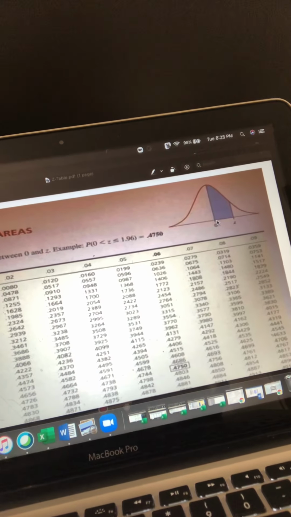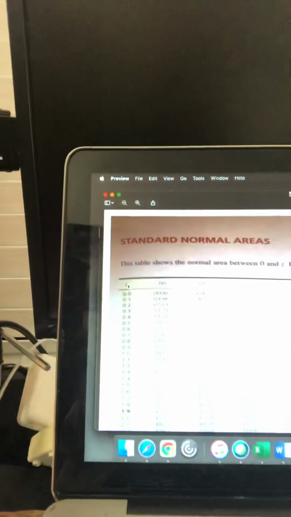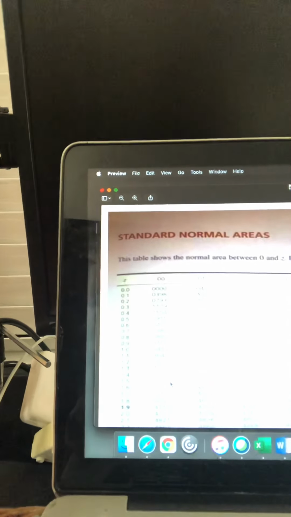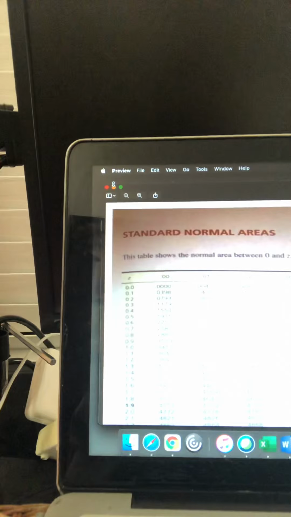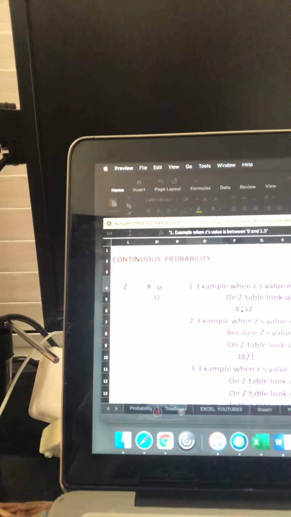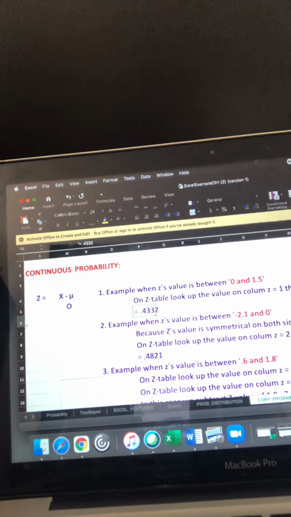So we go down the table, look up 1.5, and that value is 0.4332. So again, not rocket science. The value between 0 and 1.5 equals 0.4332.